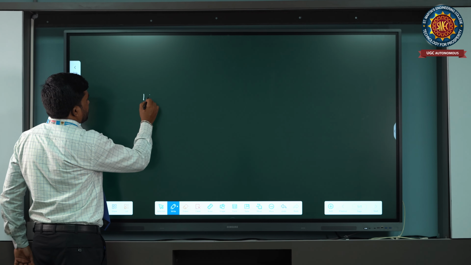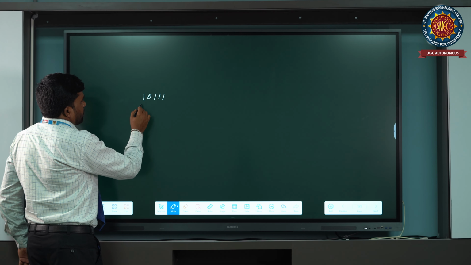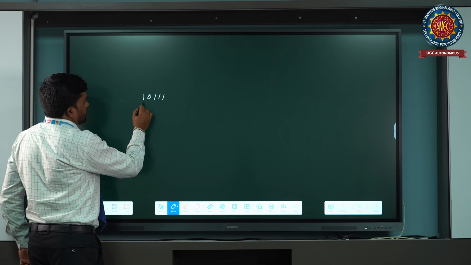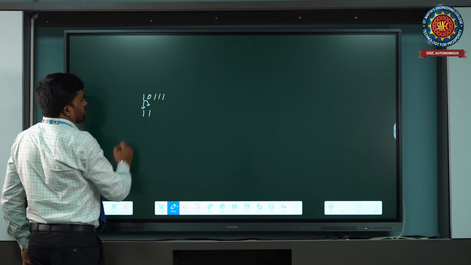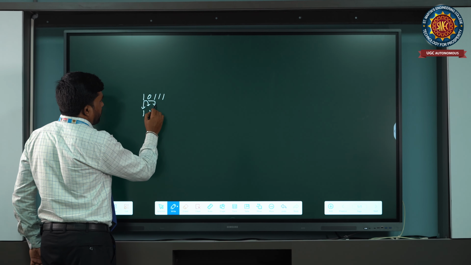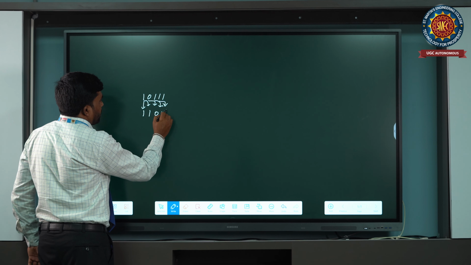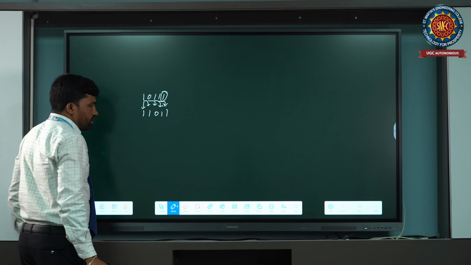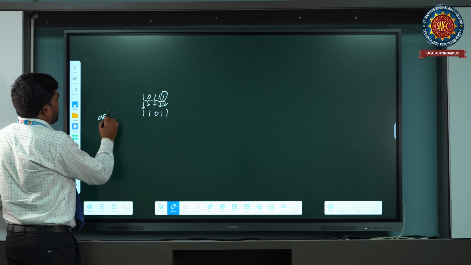For example, with 10111, the sign bit is copied to the first bit and also the second bit, then this 0 moves to the third bit, this one moves to the fourth bit, and the last one is discarded. Like that we do the arithmetic shift right.